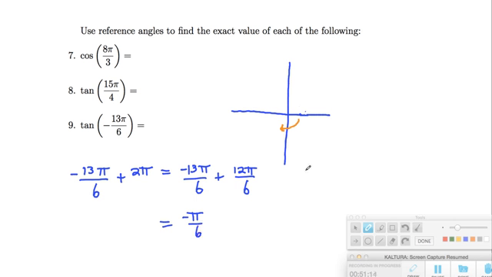You could add another 2 pi if you wanted to make this a positive angle. That would be fine. Or since negative pi over 6 is easy to interpret, you could just go straight from there. Either one is fine.